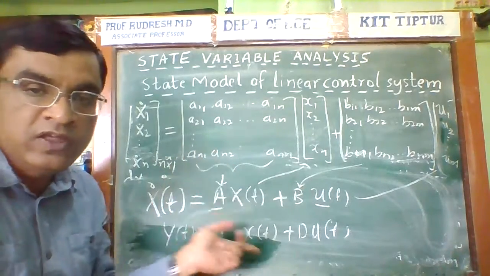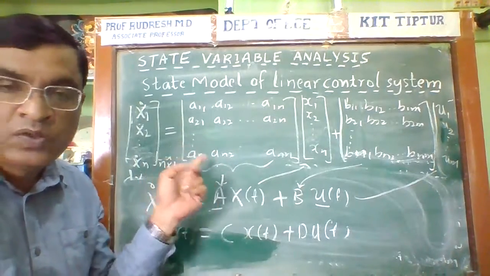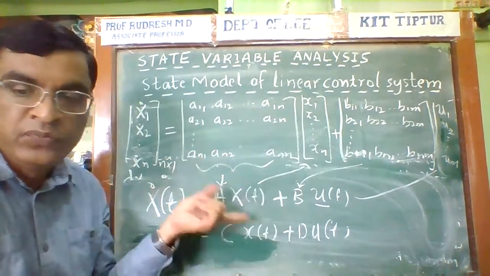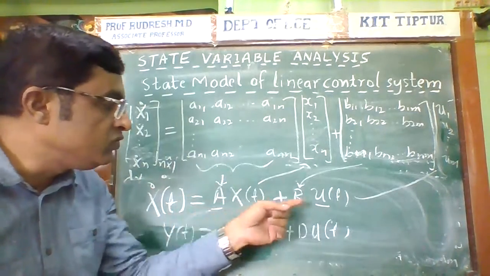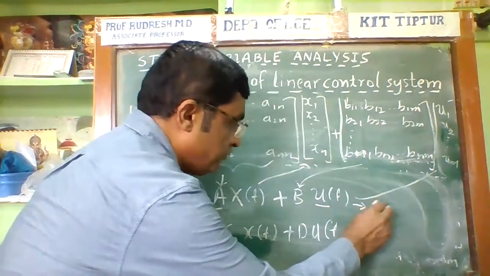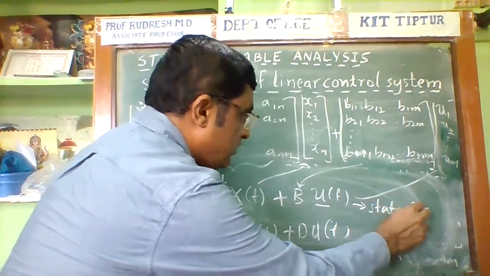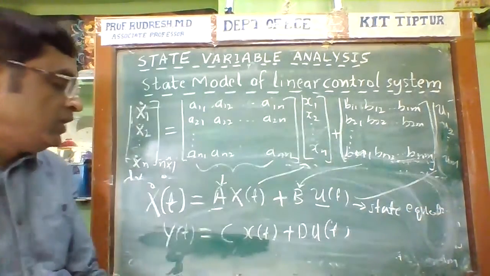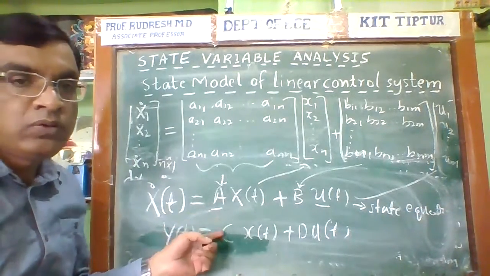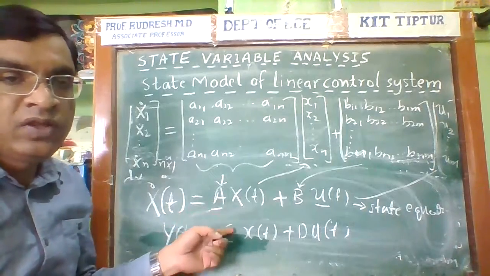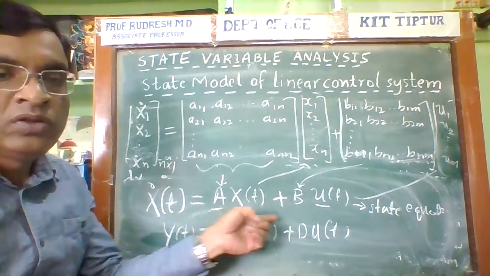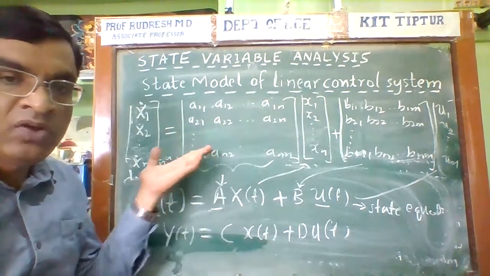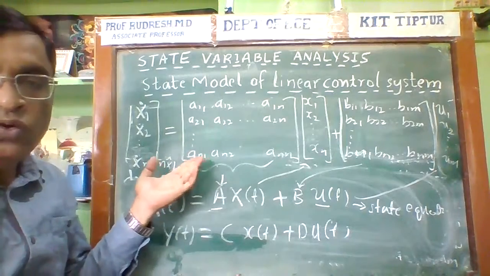These things are written clearly in the notes also; you have to go through them. Now this is called the state equation. Similarly, you can write the output as C11, C12, and we can derive it in a similar way. This is called the output matrix.